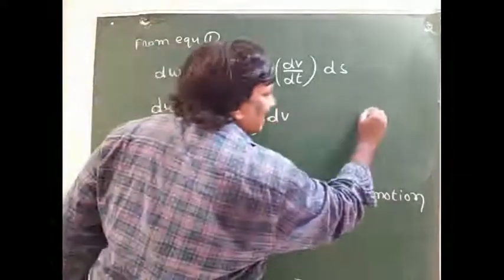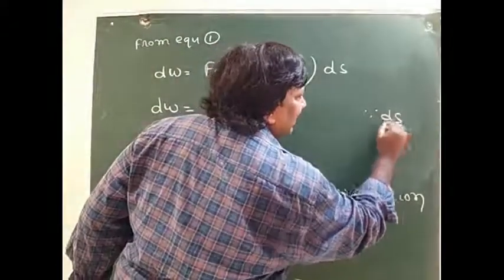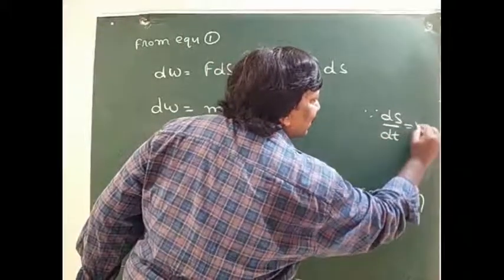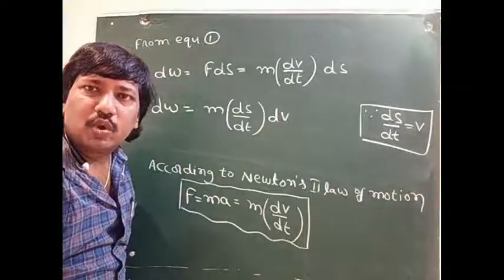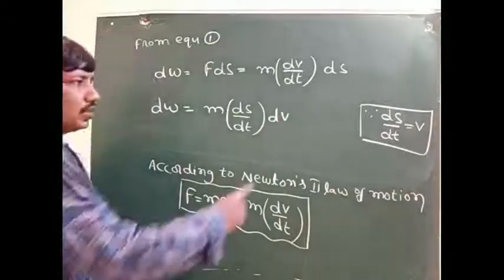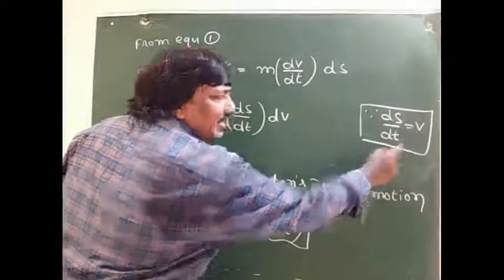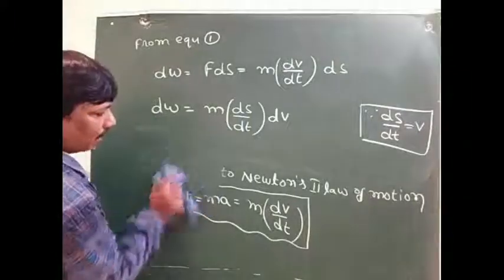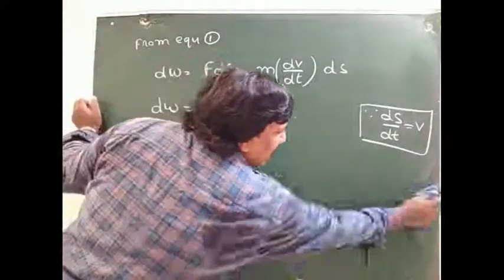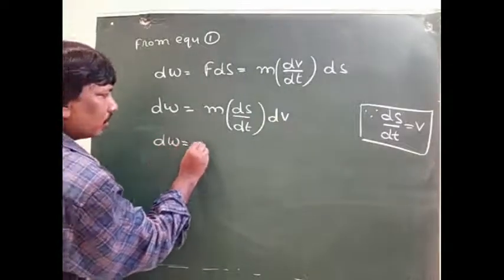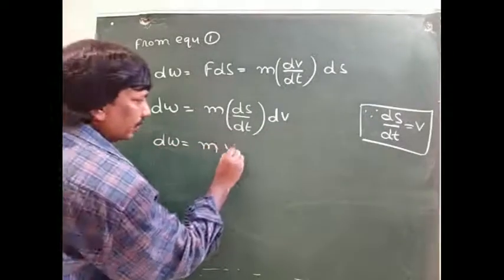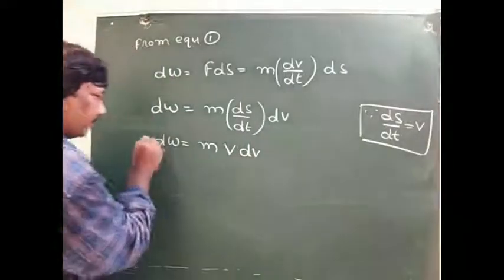We know that ds by dt is called velocity. The rate of change of displacement is known as velocity. So therefore ds by dt is treated as v. Now the above equation can be written as dW equal to m into v into dv.